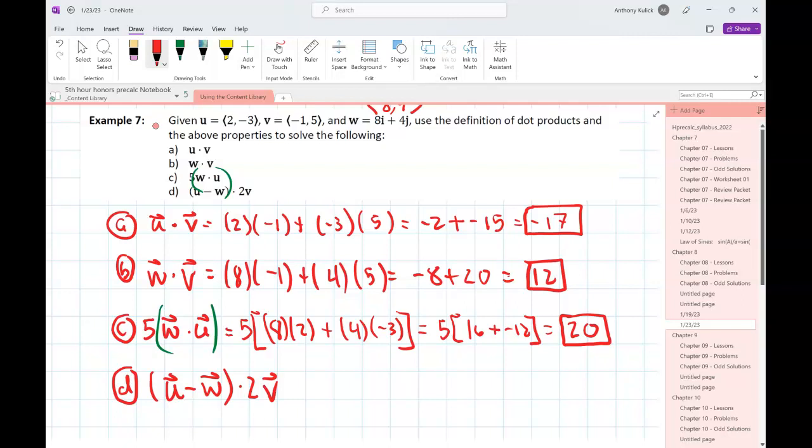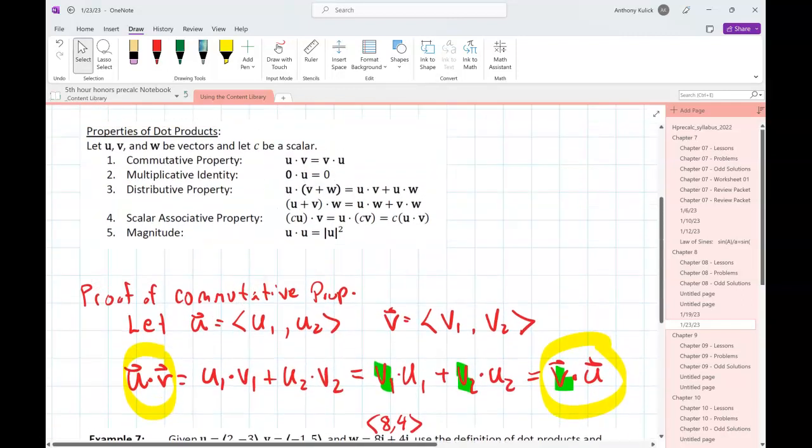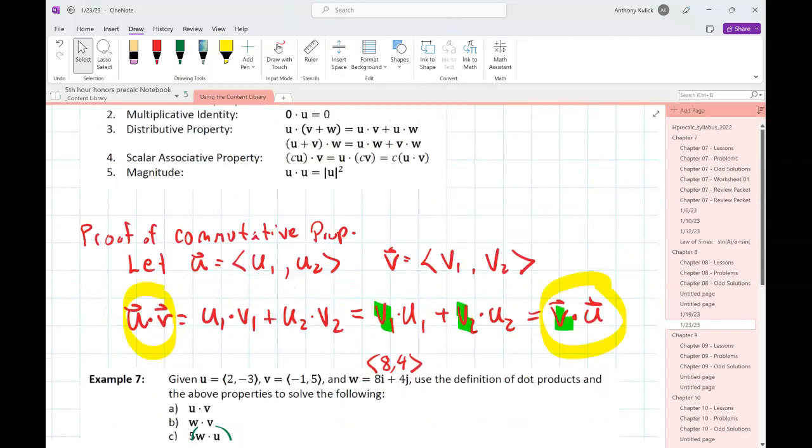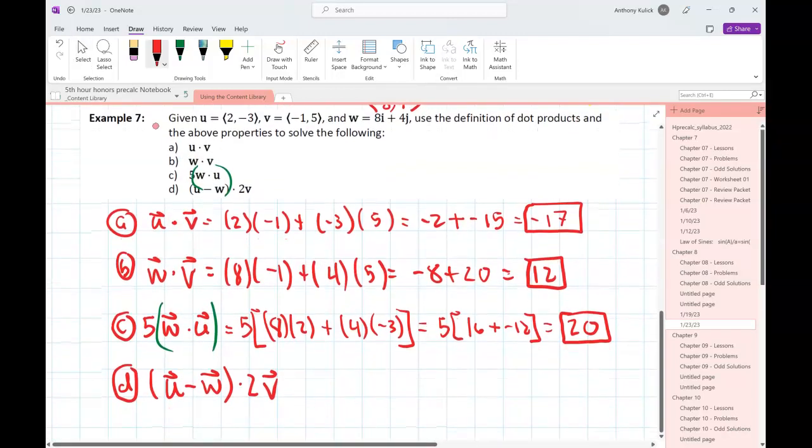So my last one here is u minus w dot 2v. Now, I could, if I wanted to, do the distributive property and distribute that dot 2v to both vectors. But that means I'm doing 2 dot products instead of just 1 dot product. I'd rather just subtract u and w.